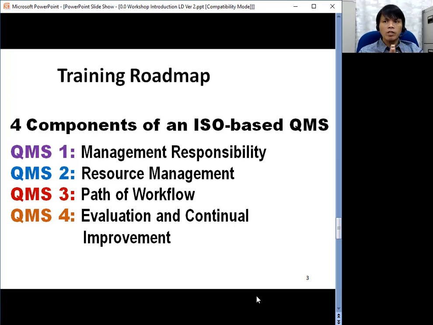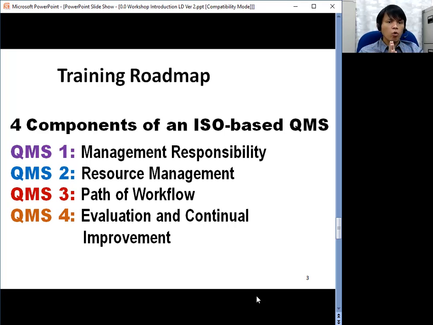So the responsibility of the laboratory management is to make commitment to quality and making quality management system a strategic goal. QMS2, that's resource management. So here, laboratory management must allocate and manage the resources needed for the quality management system and support its continual improvement. QMS3, the path of workflow.